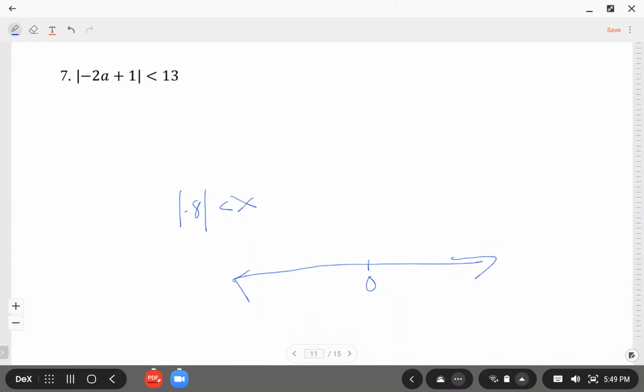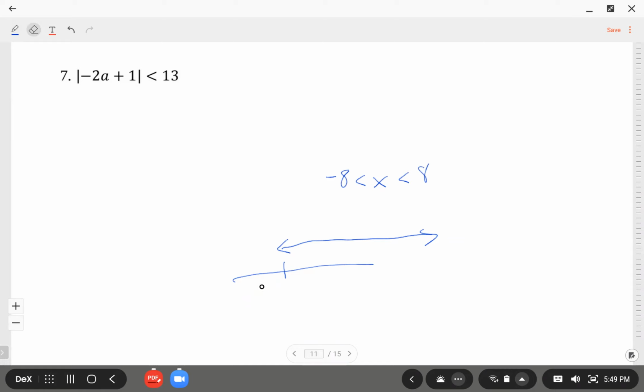The absolute value of -8 is going to be 8, and x is less than this, so it's going to be in between: -8 is less than x, and x is less than 8.